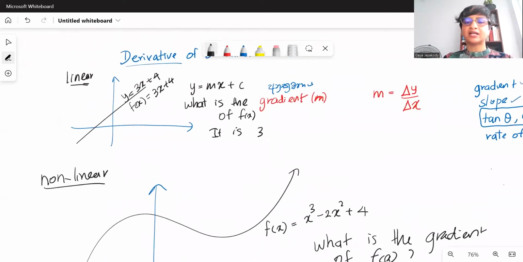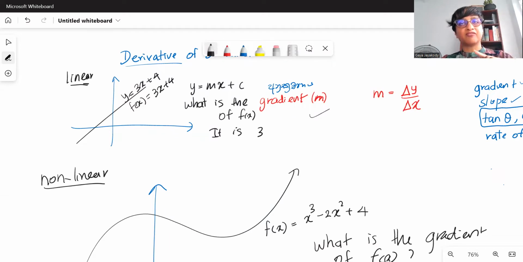For the linear function, why was it okay to ask that question? Because it can be denoted by one value.